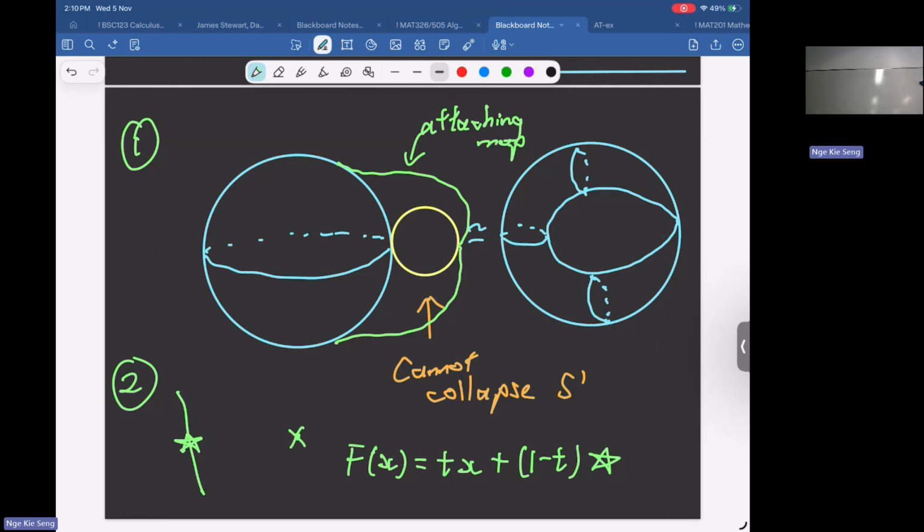We use the kernel and the image to split it, because the kernel is always normal. So you can always take the normal subgroup, take this external product with your codomain, and get back your codomain group. But what's the multiplication that makes it isomorphic? That's another story.